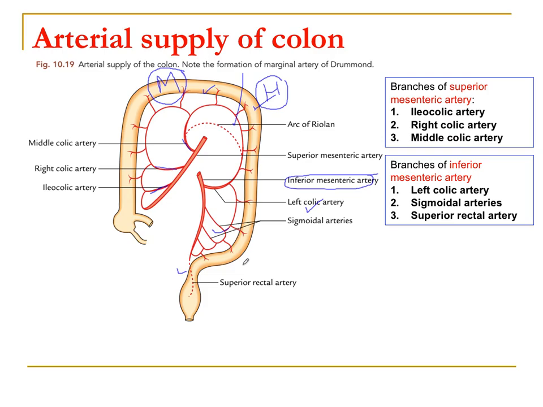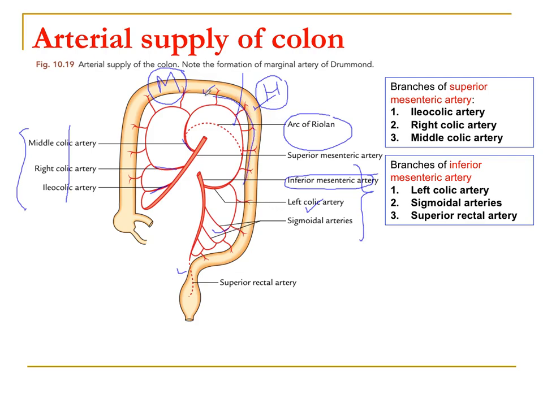Sometimes there might be a connection between the superior mesenteric and inferior mesenteric arteries, and that connection is called the arc of Riolan. The marginal arteries come from the middle colic, right colic and ileocolic arteries, from the branches of the superior mesenteric or the inferior mesenteric.